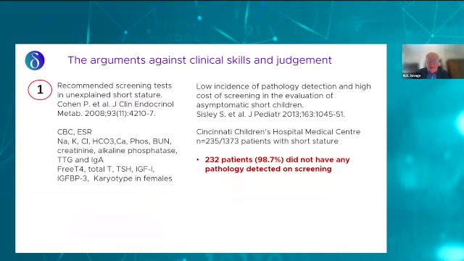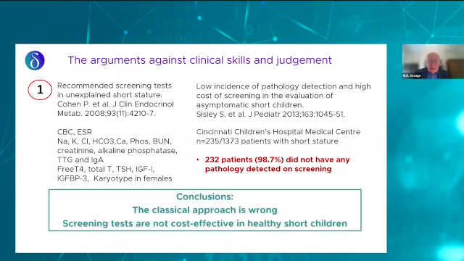And she said that 98.7% of these children did not have any abnormal tests. So she concluded that the classical approach, in other words, screening for general pediatric disorders, was wrong, and that screening tests were not cost-effective in healthy short children.